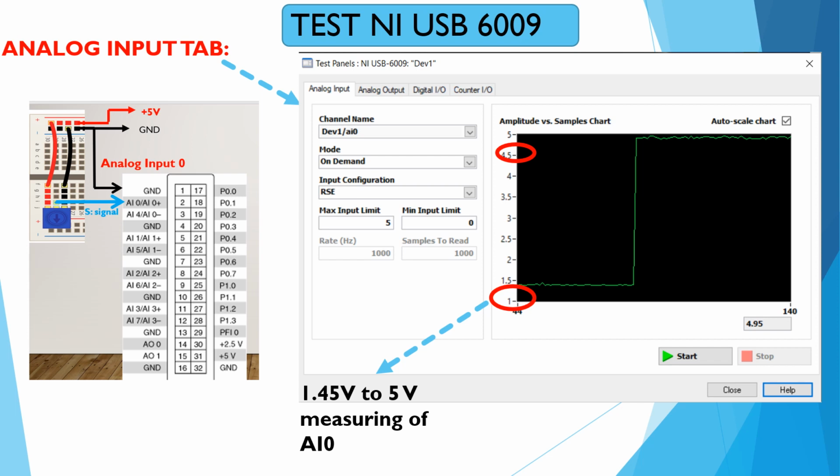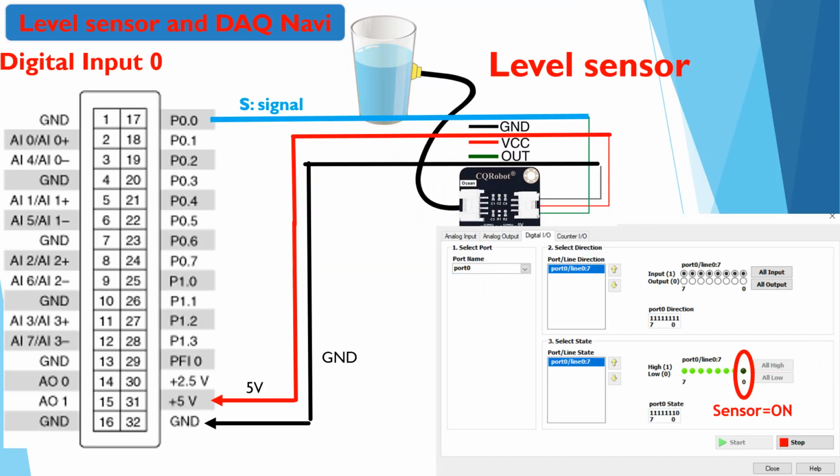During the course, we will have some experimental examples such as level sensor measurement, temperature sensor control, and pressure control, which we can measure by the data acquisition, and we will test it by DAQ Navi and implement it in the MATLAB software environment to have a hardware-in-loop system.